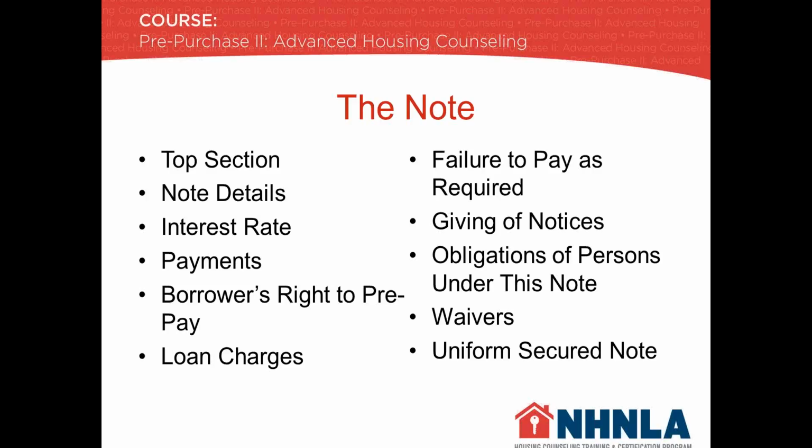The giving of notices just outlines how the lender will communicate with the borrower and how notices will be delivered. Obligation of persons informs the borrower that all signers are obligated under the terms of this note. So that's called the obligations of persons section. Waivers. This acknowledges that the borrower is waiving their right for presentment and notice of dishonor.